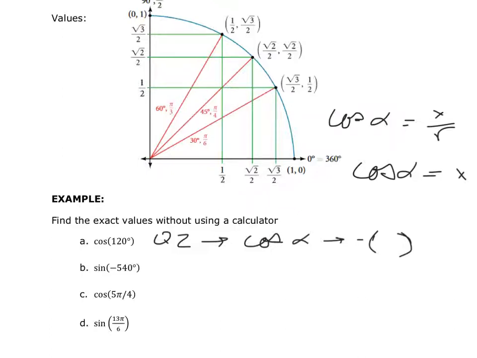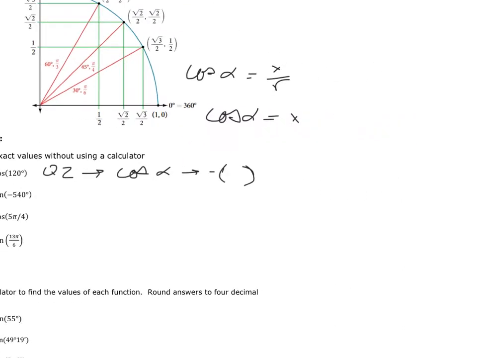The next thing I'm going to do is find my reference angle. So I'm going to go the shortest rotation from 120 to my closest x-axis. So I know that 120 has a reference angle of 60 degrees.